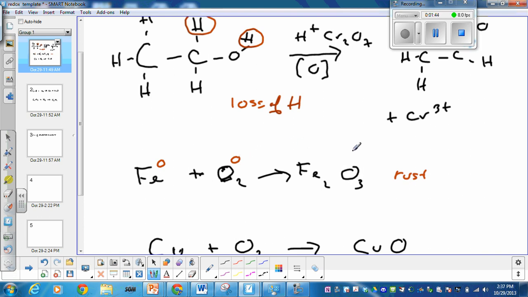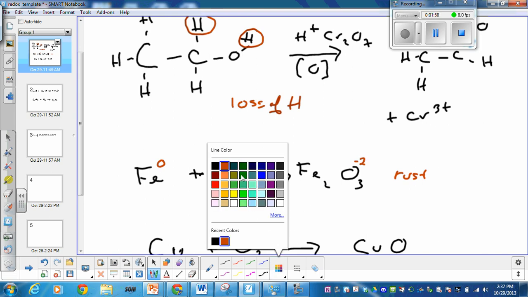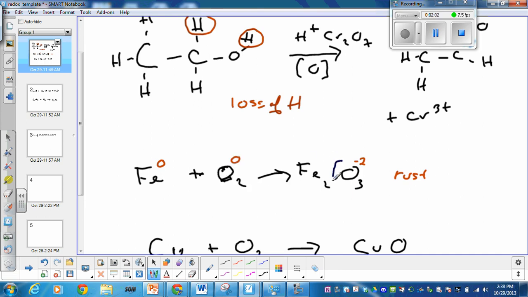From experience in ionic compounds, we've learned that oxygen, when it forms an oxide, typically has a -2 charge on it. So each of the oxygens here ends up with a -2 charge. Now, because there are 3 of them, the combination of the 3 oxygens times 2 gives us a -6 charge.